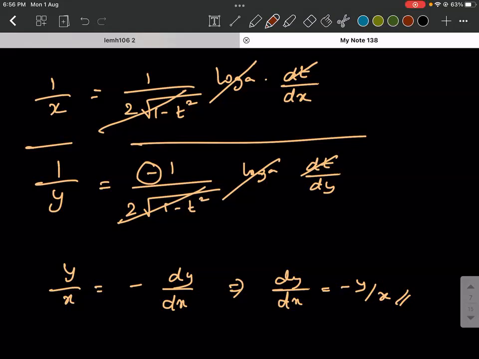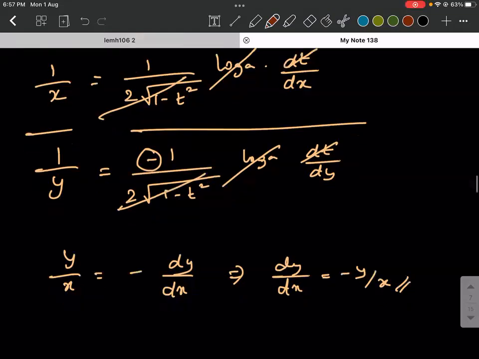If you do it with the direct method, it will be slightly lengthy. First thing is you have to overcome the square root. Second is you have to overcome the exponent. Third is you have to overcome the inverse trigonometric function. I'll just do one step.